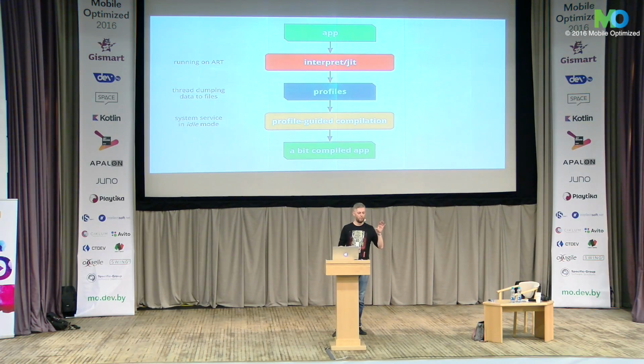So I have a bunch of DEX bytecode and a tiny bit of native ARM code for the main screen of my application. And then it's being written as my app. So it's the original app and a bit of precompiled native code for this application.